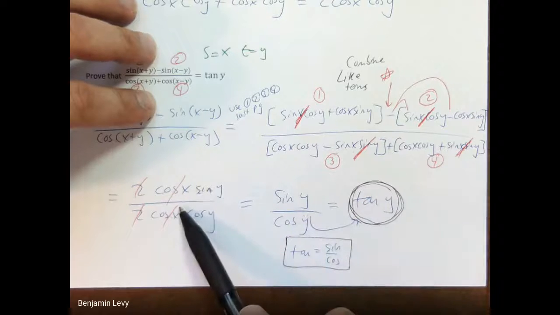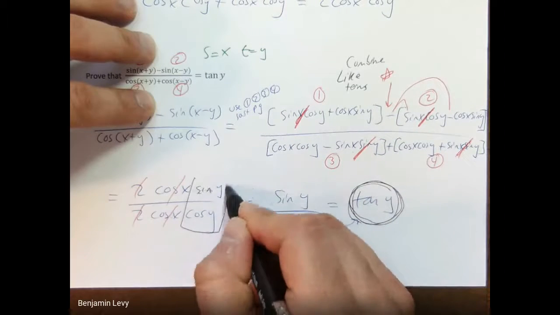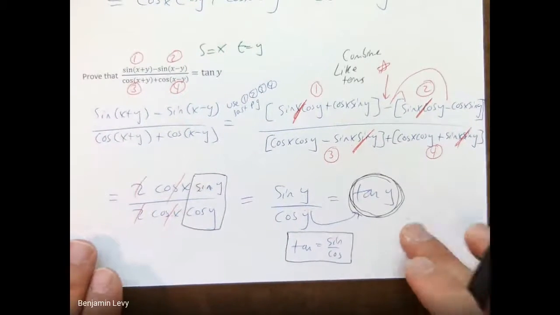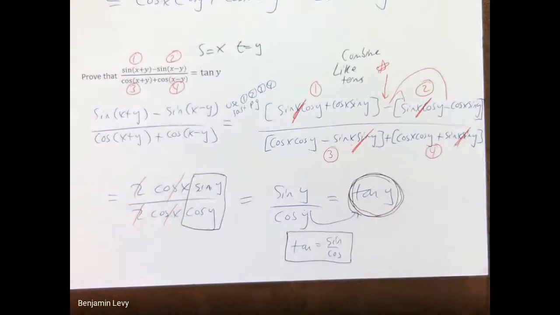Or even at this step, you can see, I want this to be my answer, so how am I going to get rid of those things? Knowing your answer is tangent helps guide you along the way. That's the way all these identity problems work: you know the answer, so use what you know to get you there.